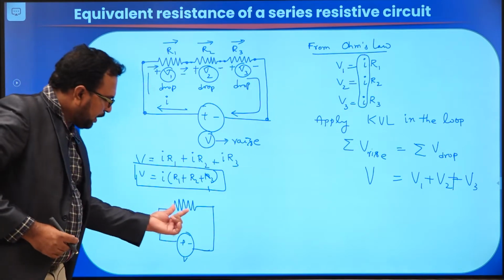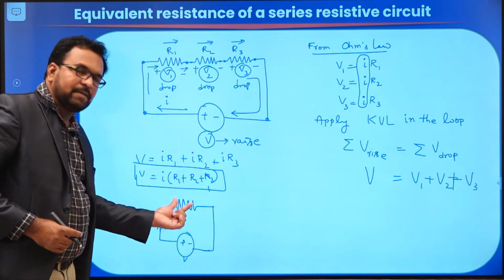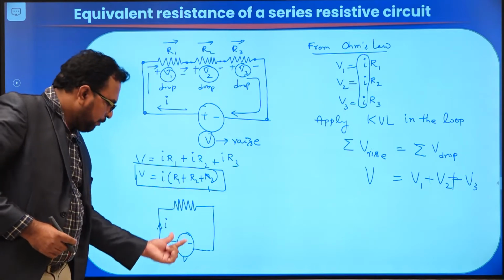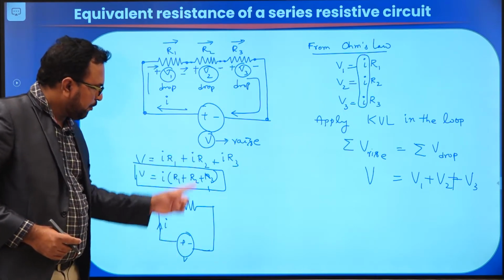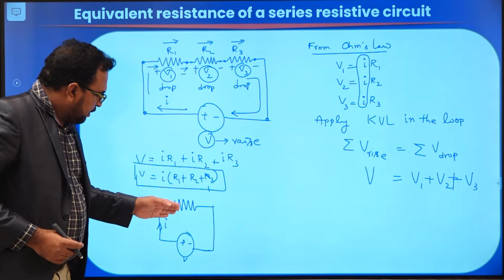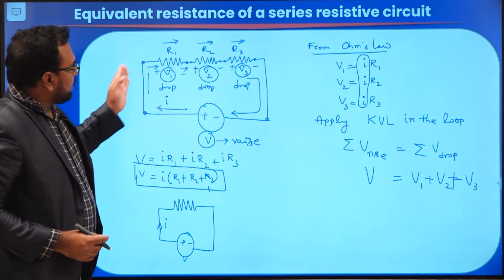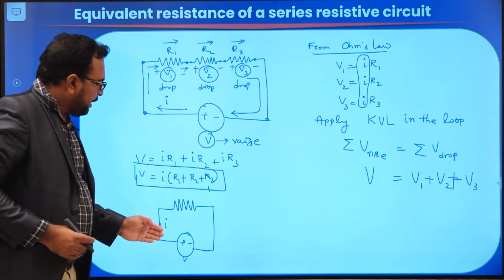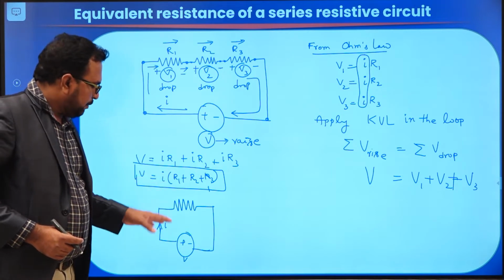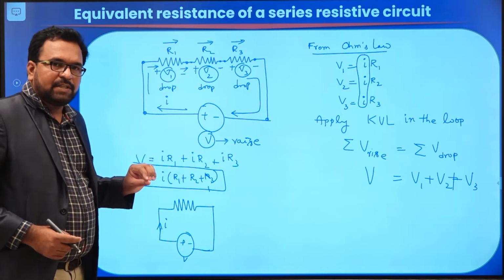You have to choose the value of this single resistance such that when you apply a voltage of V, whatever current was flowing in the first actual circuit, the same current has to flow. For that purpose, you have to choose the value of resistance RT.